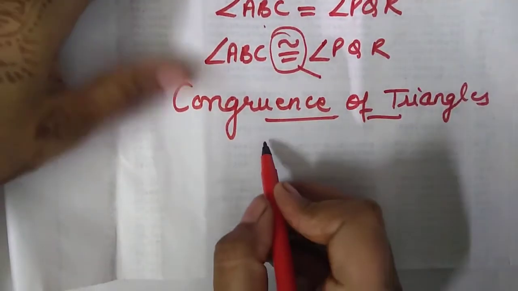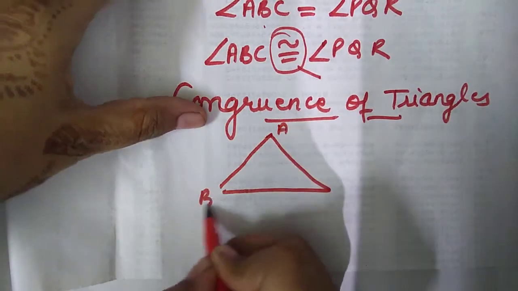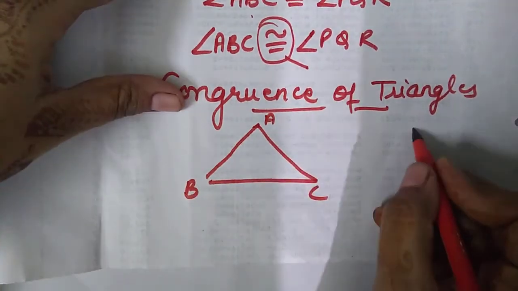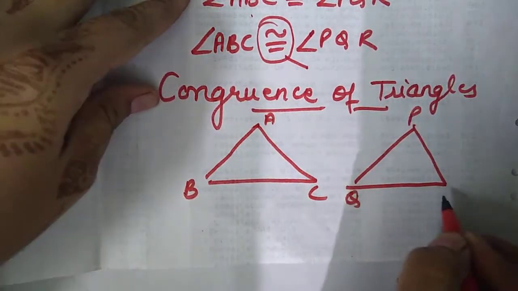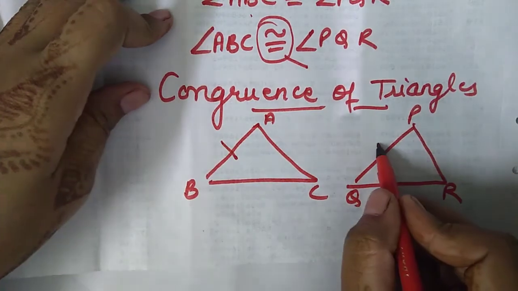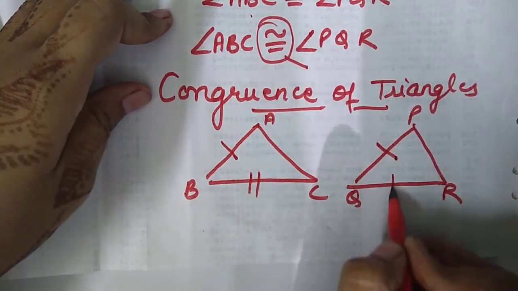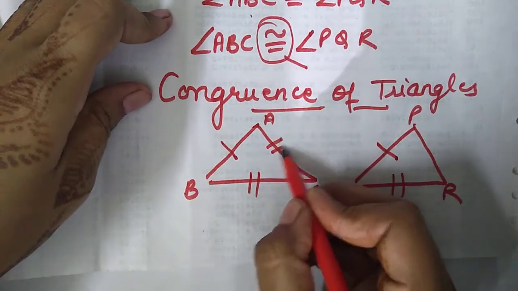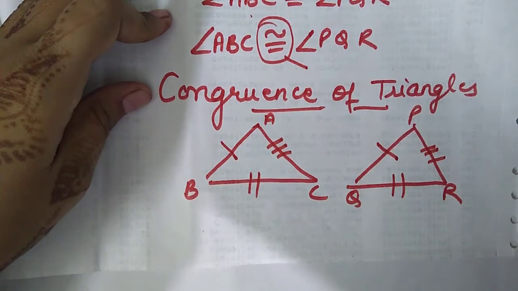Now if I take a diagram, suppose let us take two triangles, triangle ABC and triangle PQR, and let us suppose side AB is equal to side PQ, side BC is equal to QR, and side AC is equal to PR.